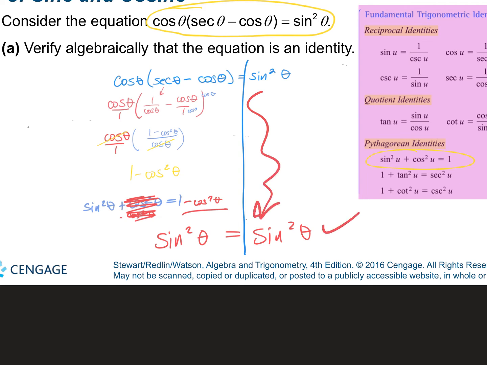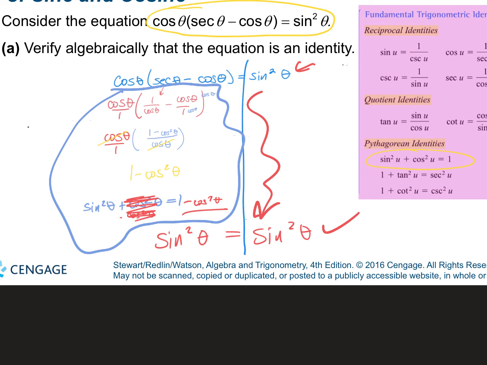Now, some of you, guys, this is my 18th year teaching, right? I didn't start yesterday. So I know what'll happen, because someone last period was like, oh, so that's your answer? Sine squared theta equals sine squared theta? No. Guys, I gave you the answer at the beginning. Your answer is all of this junk in here. When you answer this problem, when I go to check, I'm going to check each step.